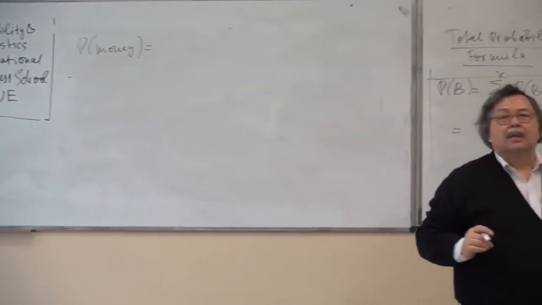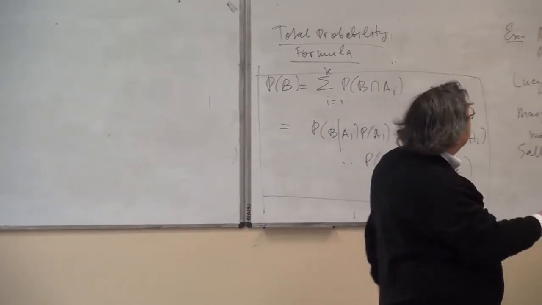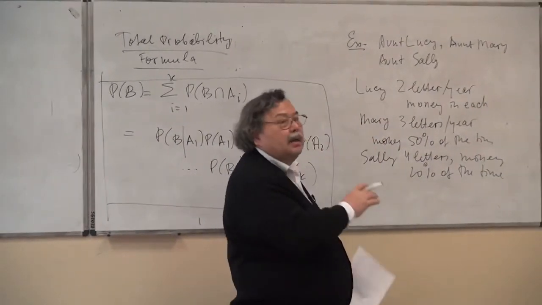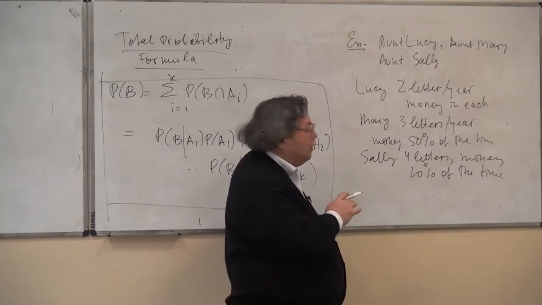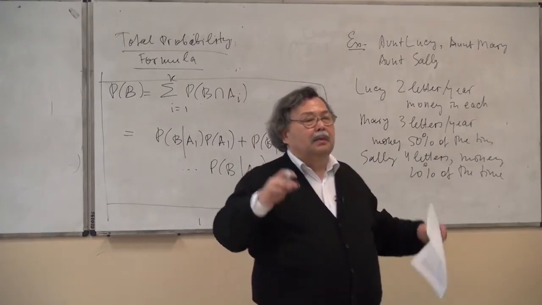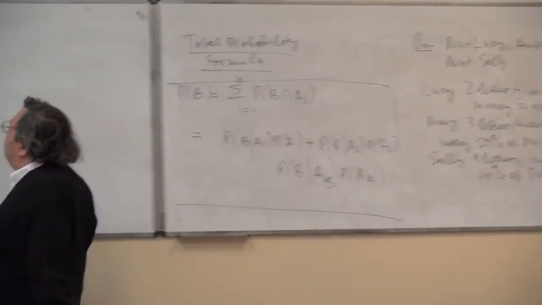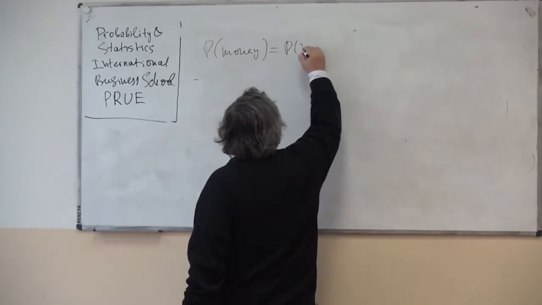The partition consists of 3 events. The letter comes from Aunt Lucy, the letter comes from Aunt Mary, and the letter comes from Aunt Sally. Obviously mutually exclusive, and together they form the sample space.